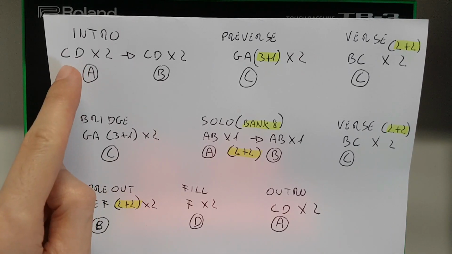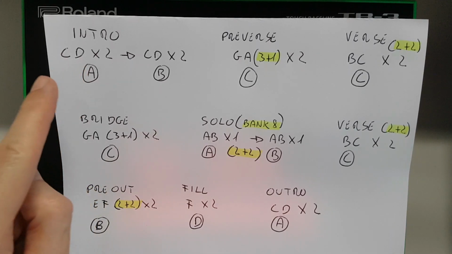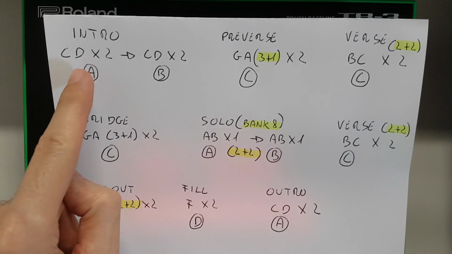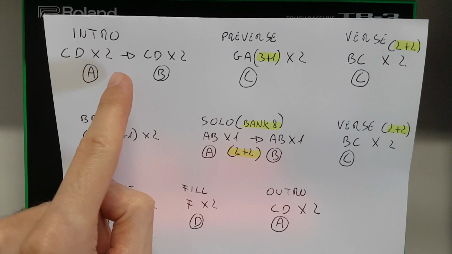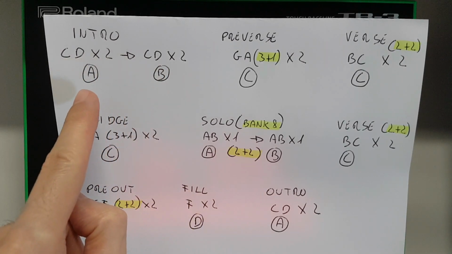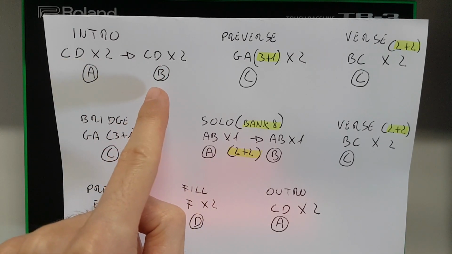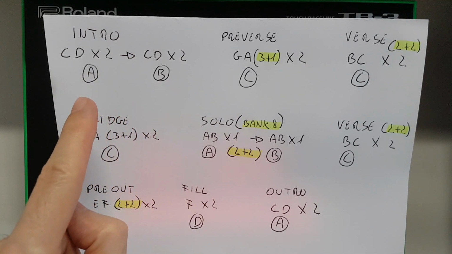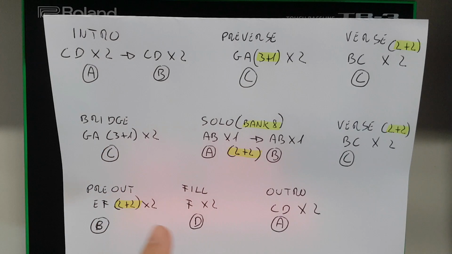C and D are a couple of patterns, every one is 32 steps, so this couple is repeated 2 times, then another 2 times, and this is the drum machine scene. I simplified this a lot because we have only 4 parts, A, B, C and D. So what does it mean?